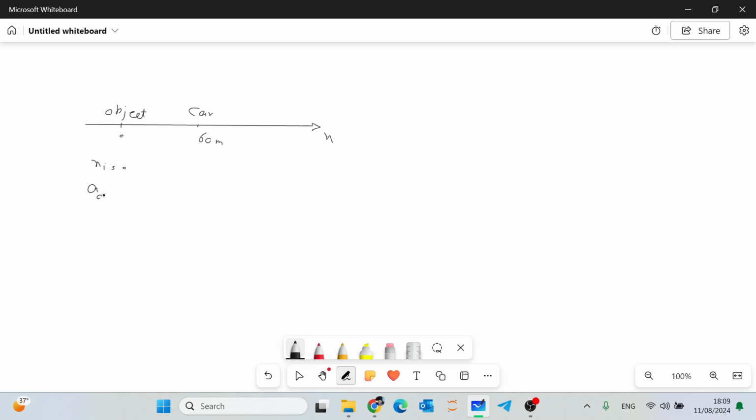My object's acceleration is 4, but it doesn't have any initial velocity. But my car starts from 60 meters. It is in this location already, and its velocity is 60 meters per second, and it has a constant velocity, so its acceleration is 0.